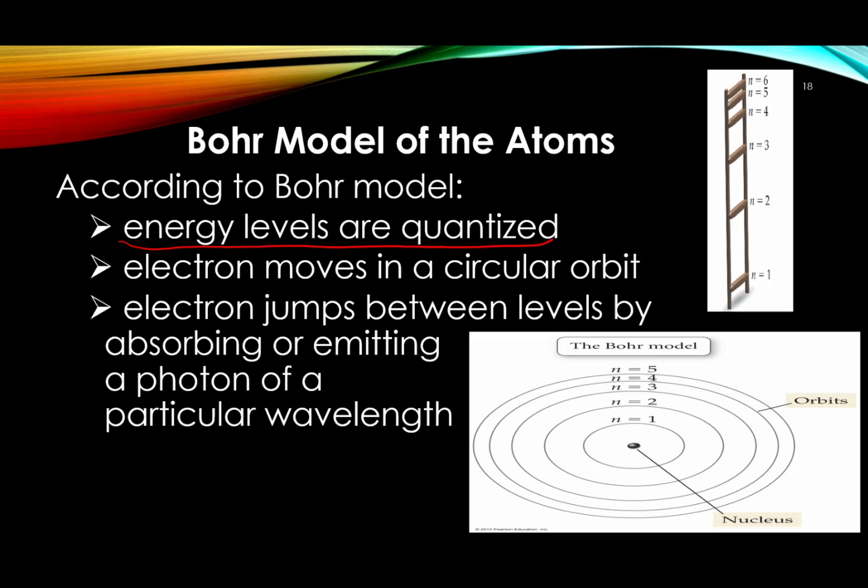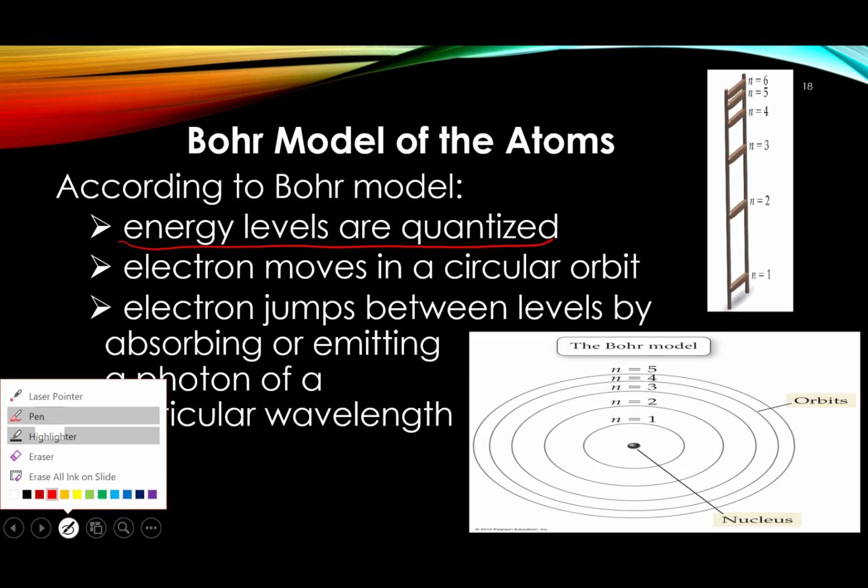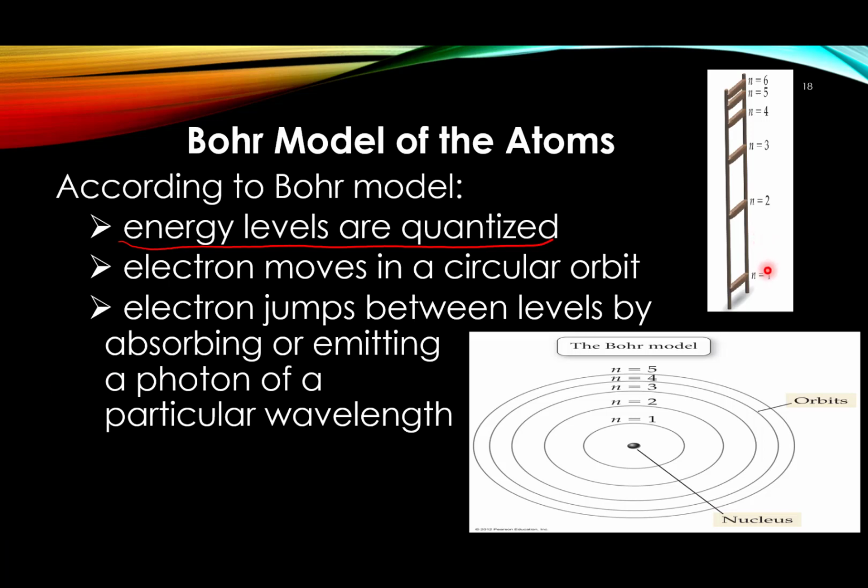If you look here, these energy levels, which you can see as n1, n2, n3, n4, n5, n6, are the rows on the periodic table, which is row 1, row 2, row 3, row 4, row 5.